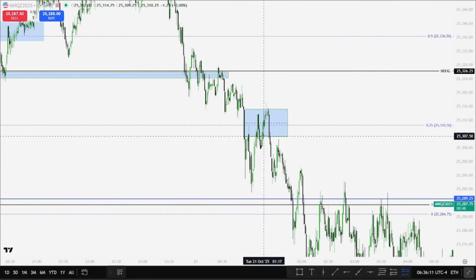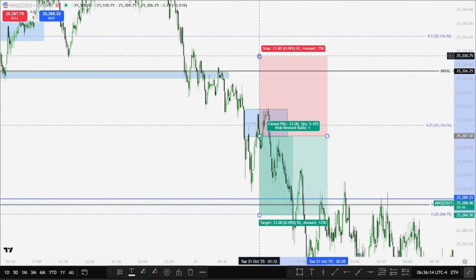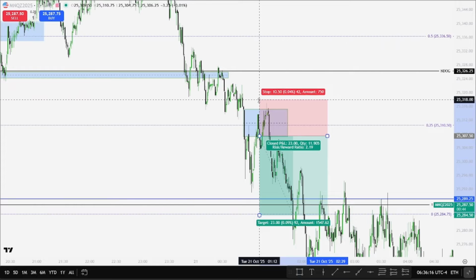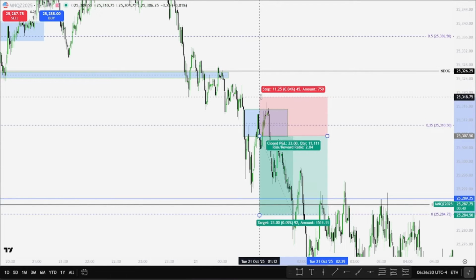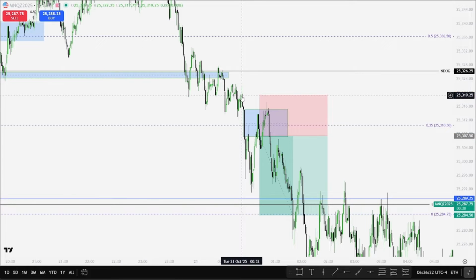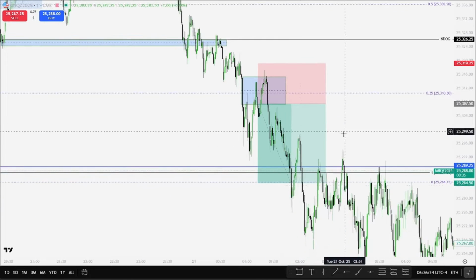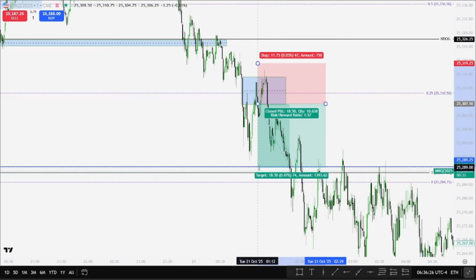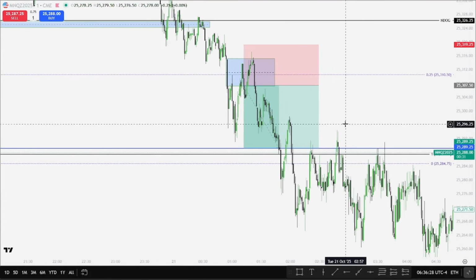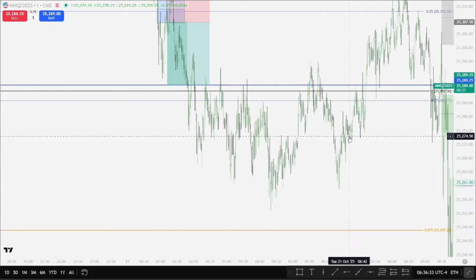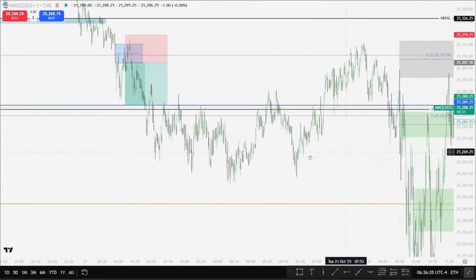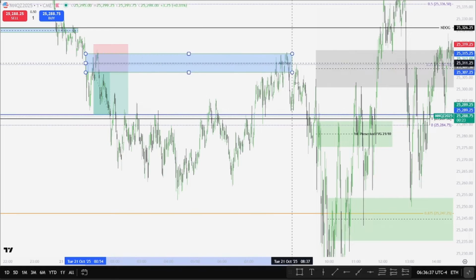Short. Okay. That's the damage. You can get up to this volume imbalance. One to 1.5. But look, what do you see here?